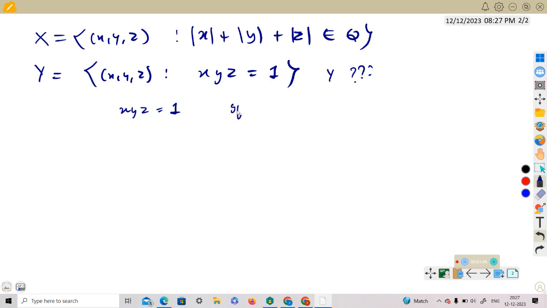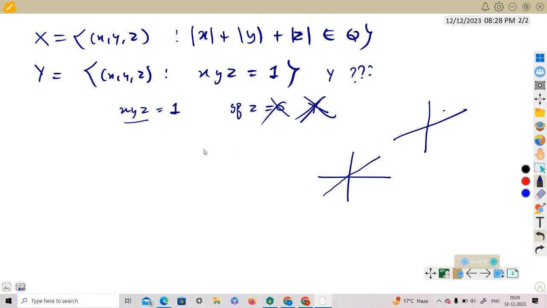Note that if z is equal to 0, it is not possible, because the whole product will be 0 and we cannot have 1. Like if this is x, this is y, this is z, then on the plane z equals 0 this graph doesn't exist, and similarly along the planes x equals 0 and y equals 0, it does not exist.